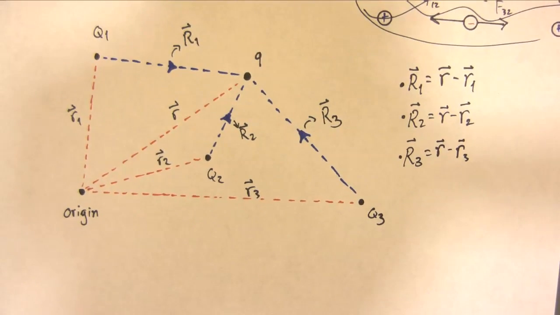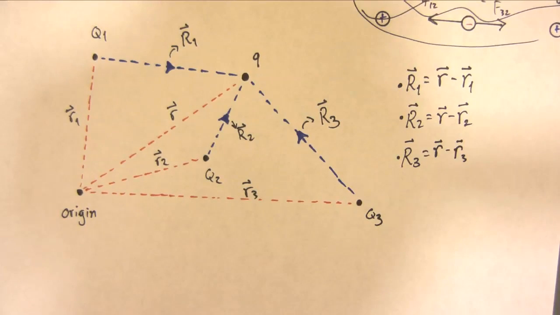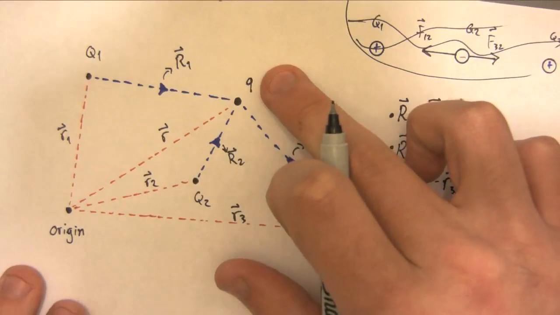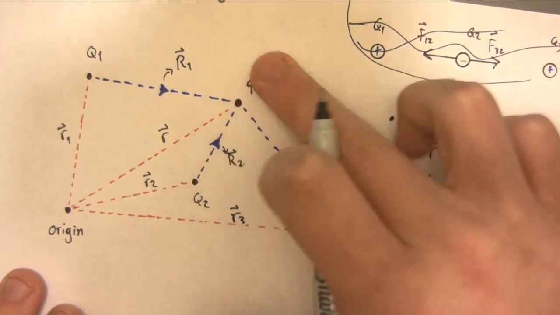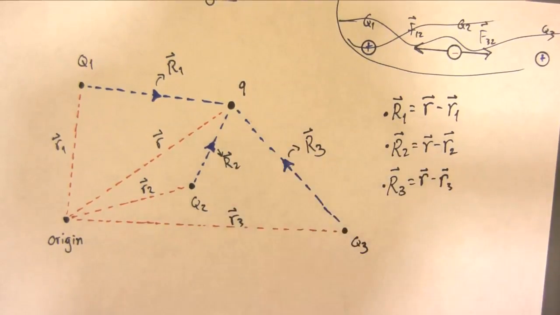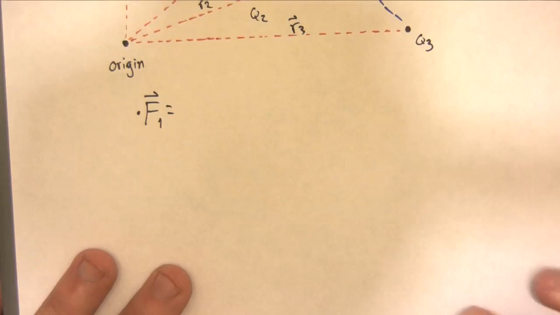Now, the same way I said at the beginning that our forces are going to be additive, we can go ahead and consider the force this guy has on him, the force Q2 has on Q, and separately consider Q3 on Q. At the end, add them all up. We want to consider our first force.